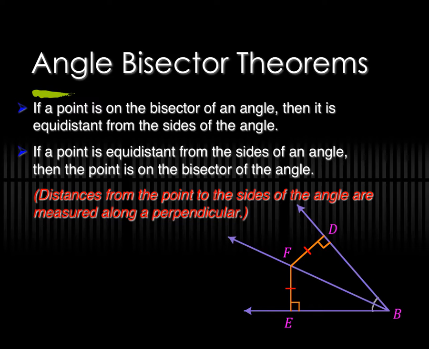So this is true because angle FED is congruent to angle EBF? It's true because the two angles are congruent, right? These two angles. Yeah, because it's an angle bisector. And so we could go and do the proof.